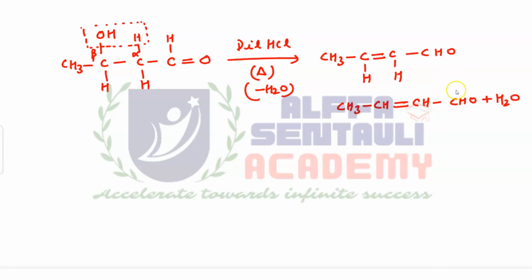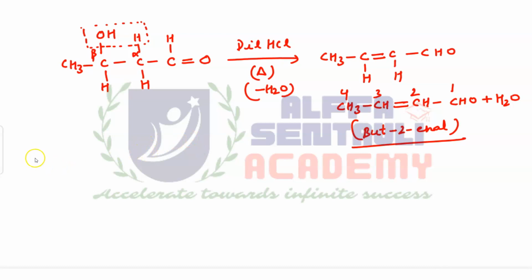We will give the lower number to this compound, 2, 3, 4. Then what is the name? Butane. What is the name? But-2-enal. This is the correct name. Now that is an important note.